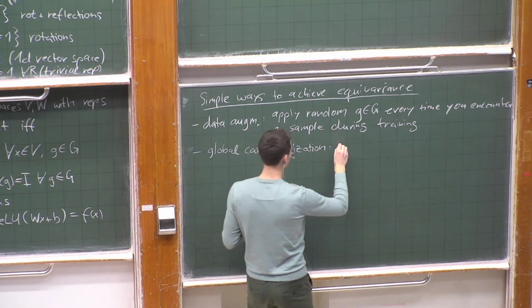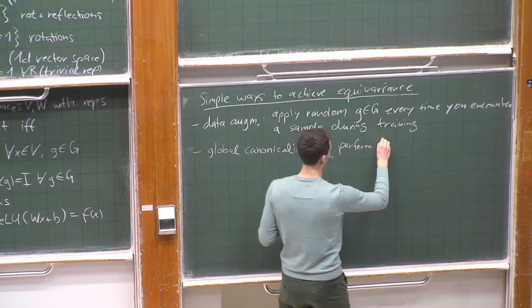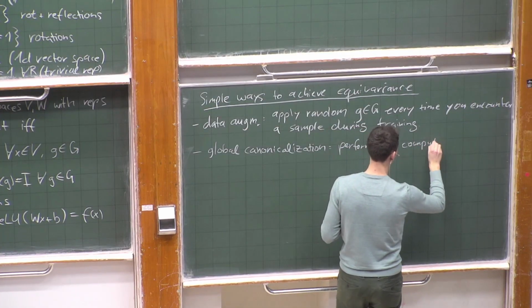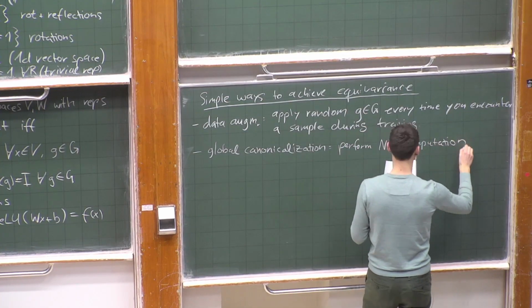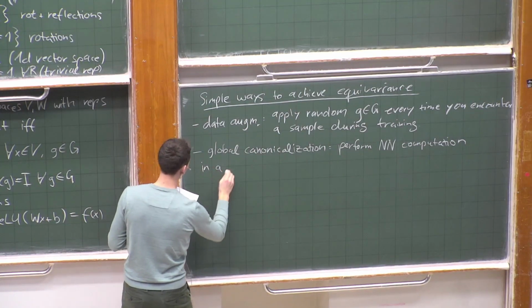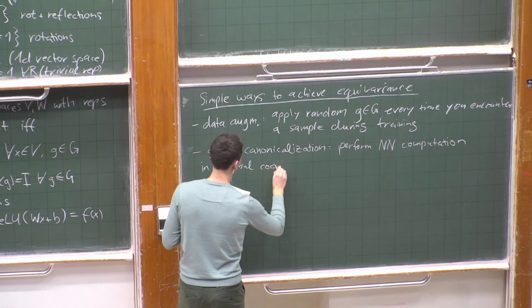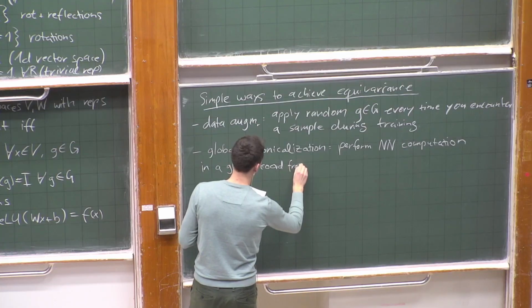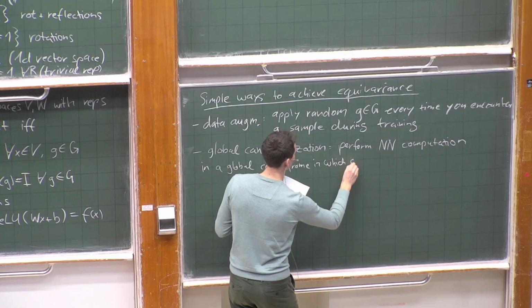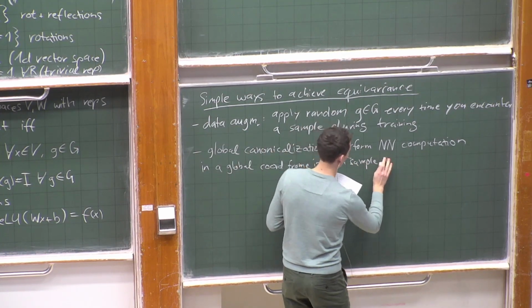So what you will do in this case is you perform all of your neural network computation in a global coordinate frame in which the sample is canonically oriented.